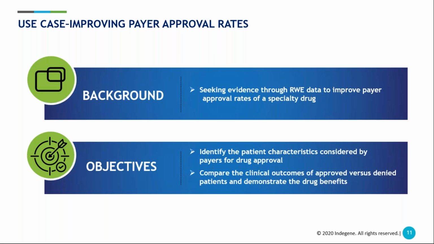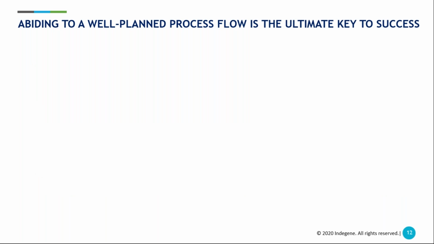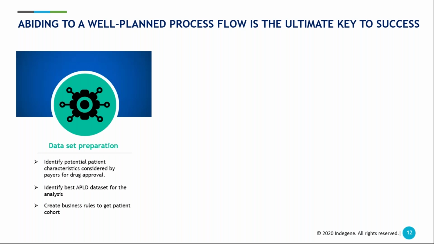Now, before jumping on to the analysis, the first step that we should always follow is to create a well-planned process flow. In our case, we divided our task into three sections broadly. The first section was to prepare the APLD dataset. First we started off by jotting down different potential factors that we could get from APLD.